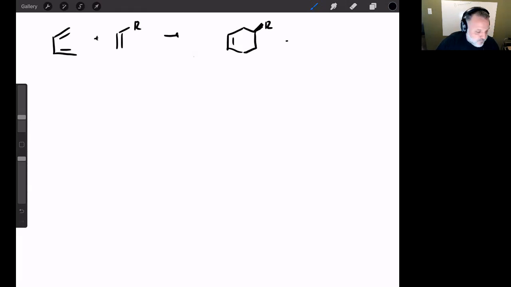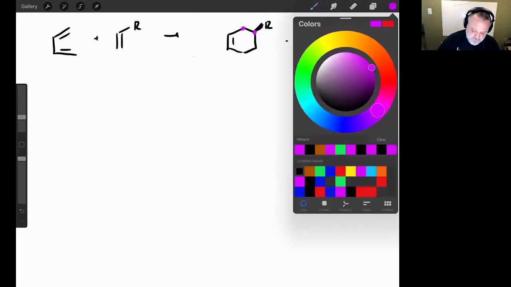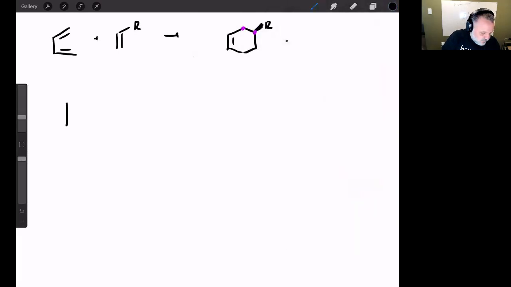The R group is still going to be connected 1, 2 spots away from the double bond. And if there's symmetry in the dienophile, then we still get the same regioselective consideration.